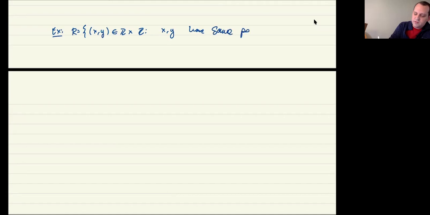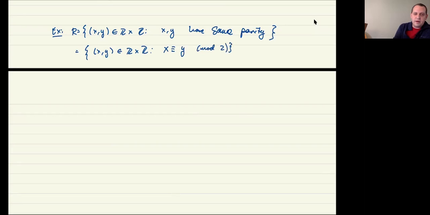I think the exam was two integers are related if they differ by a multiple of 3. That was basically this exercise where m is 3. And if you think about the relation on the homework where two integers are related if they have the same parity, having the same parity basically means that you're congruent mod 2. So that's the same as saying that x is congruent to y mod 2.